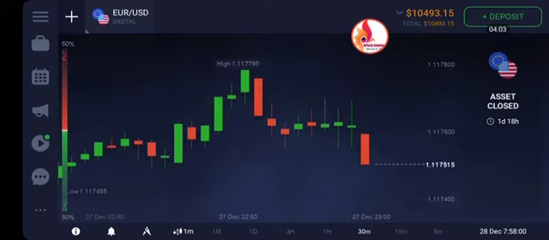If you choose 2 minutes, each candle represents 2 minutes. If you choose 1 minute, each candle represents 1 minute, just like that. So the price is falling when it is red, and when it is green, the price rises in that 1 minute.